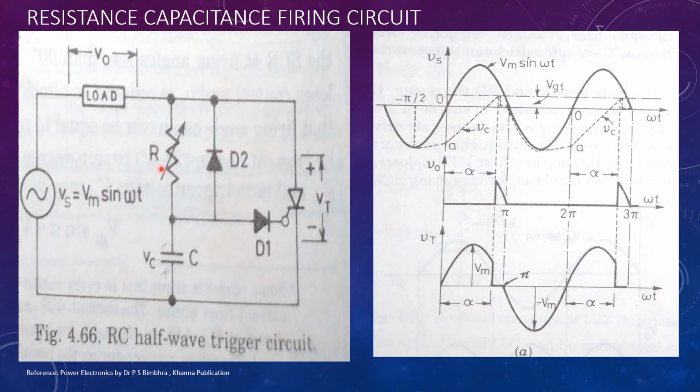If the value of R is small, the time required for the capacitor voltage to reach VGT will be smaller and we can achieve firing angles less than 90 degree. However, if the resistance R is very large, the time required for the capacitor to charge up to VGT will be larger and we can achieve firing angles between 90 degree to 180 degree.